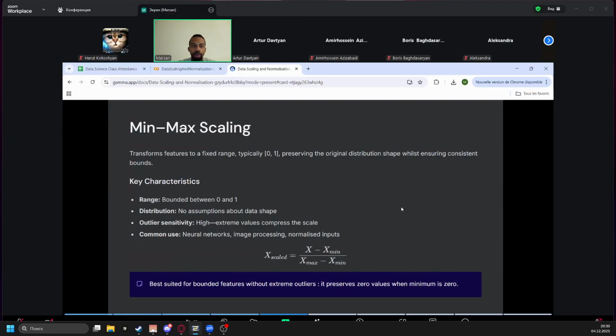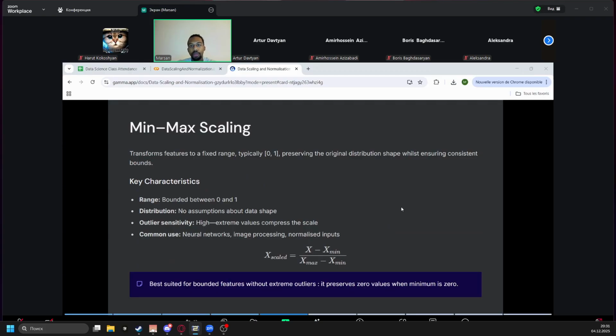So about the scaling techniques, we will see three techniques. First of all, we have min-max scaling, which is based on the minimum value that we have and the maximum value that we have. The goal of this technique is to have all our values between 0 and 1.